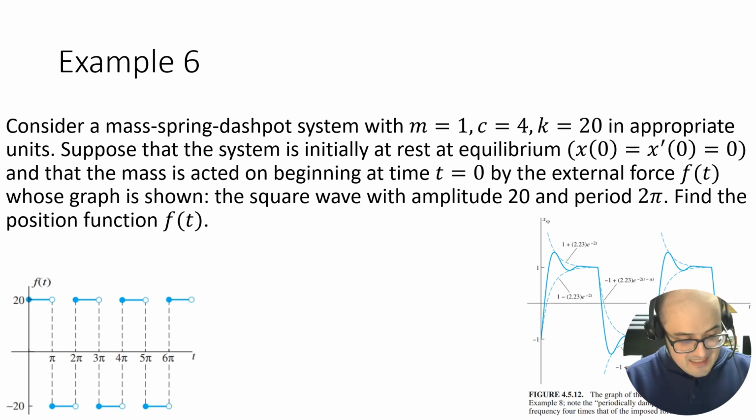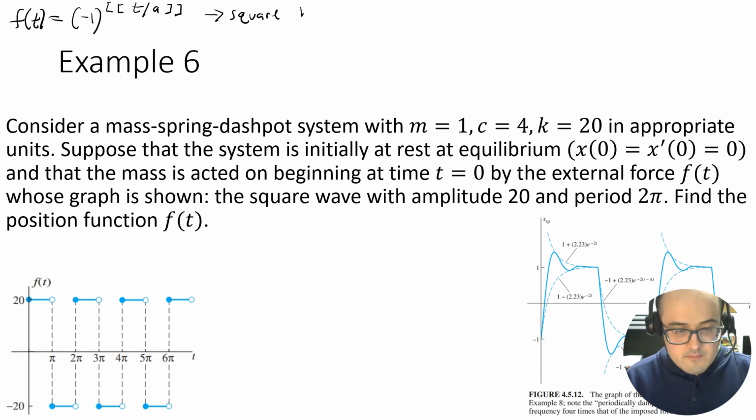So for us to do this, we want our function f of t to be -1 to the power of the step function of t divided by a. Okay, so this is that square wave function, which is what that's trying to describe on the bottom left.